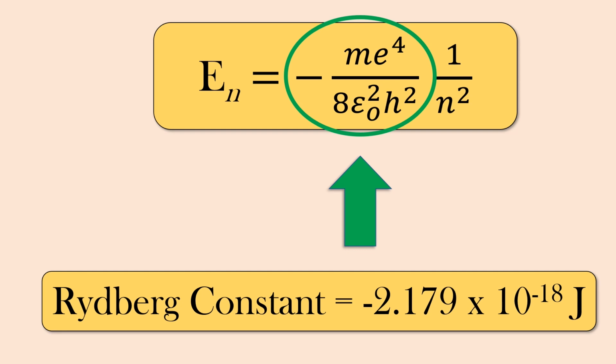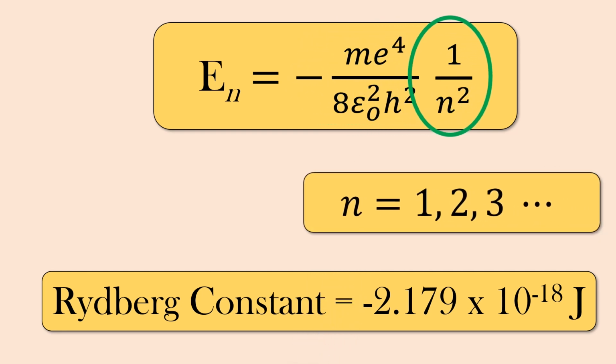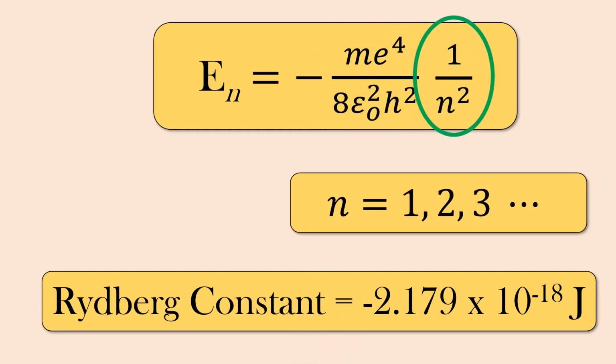This is quite a remarkable achievement by Bohr, to derive the Rydberg constant by using classical mechanics along with imposing some quantum assumptions. Notice the Rydberg constant is multiplied by 1 over n squared, where, again, n is a whole number integer starting with 1.